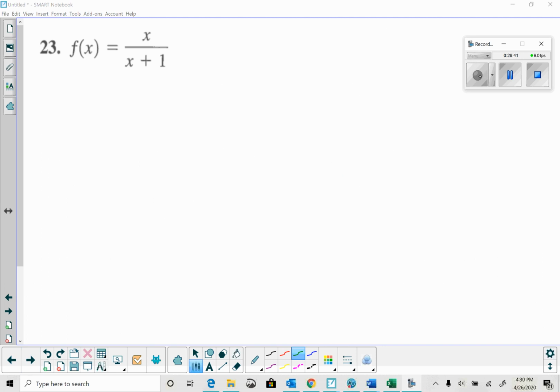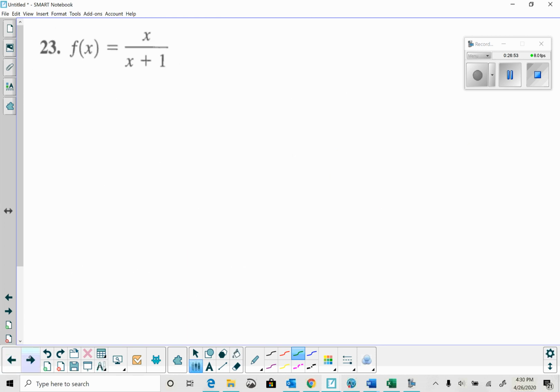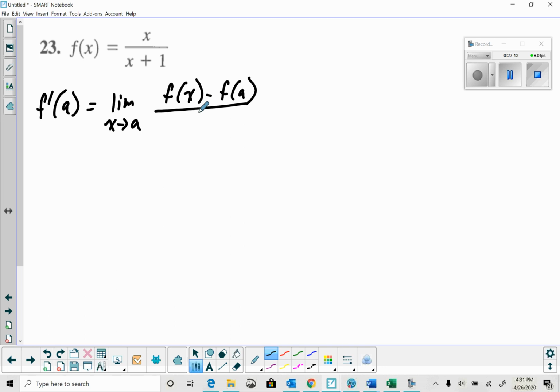Let's keep practicing. The next problem was 23. Again, we're supposed to be finding f prime of a, where a is in the domain of the original function. So for number 23, f prime of a is the limit as x approaches a of f of x minus f of a all divided by x minus a.